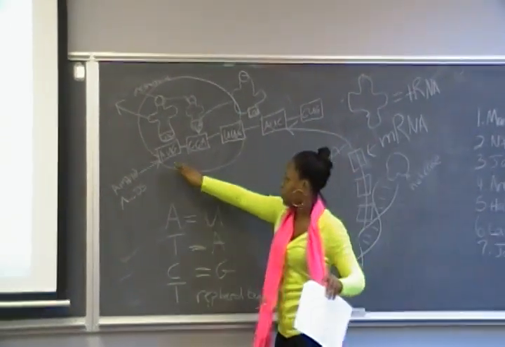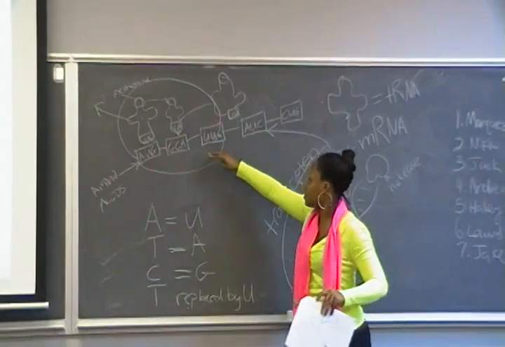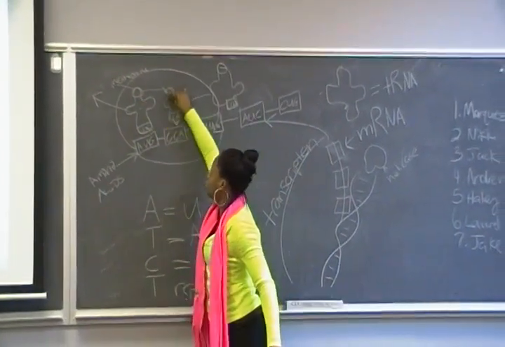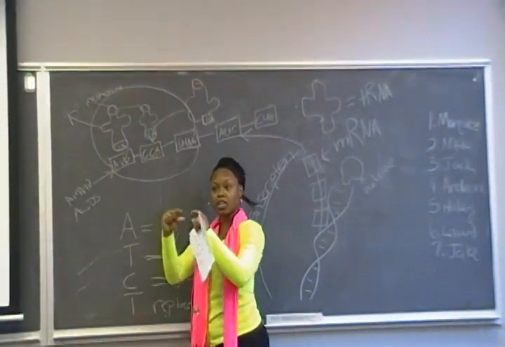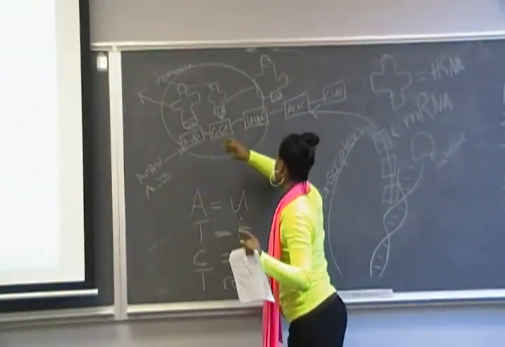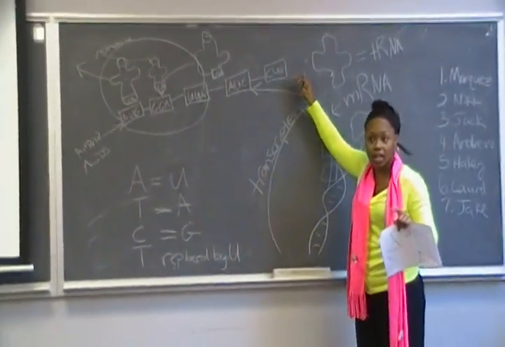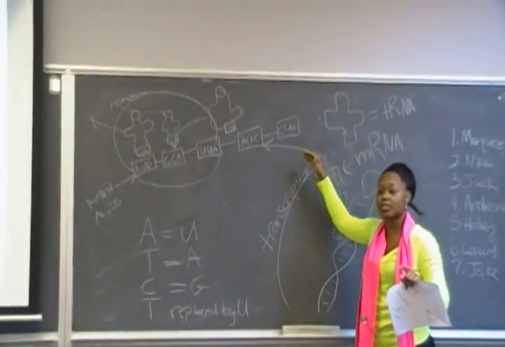So, what part is where it begins? Initiation. Once it starts to produce this new protein, when the tRNA, those A sites merge together, what is that called? Elongation. And then once it reaches the end and the release factor comes in, what is that called? Termination.